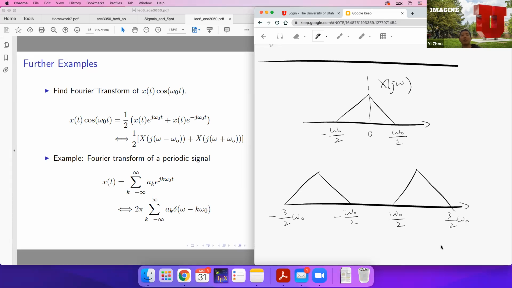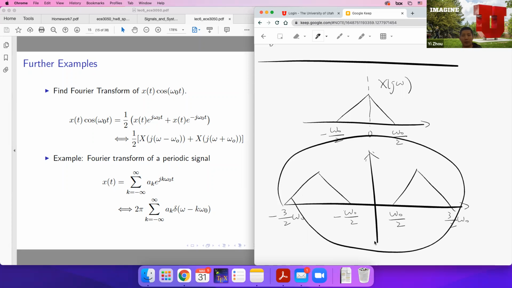So this is the resulting spectrum, and then you can talk about the bandwidth of this spectrum. It is clear from the picture. Once you have the bandwidth, you multiply it by 2 and you have the Nyquist rate.